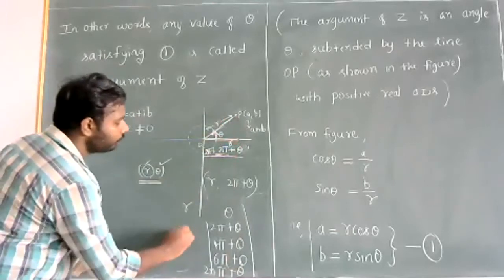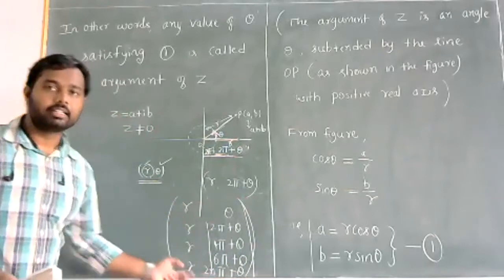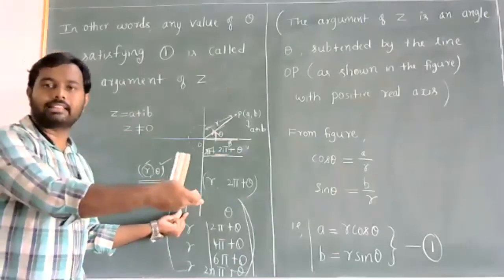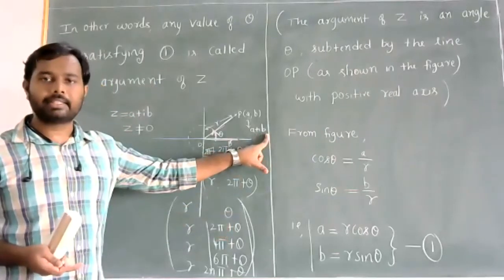That means if you correspond R with any of these angles, that means taking the line of length R, giving theta rotation, you'll get the complex number A plus IB.